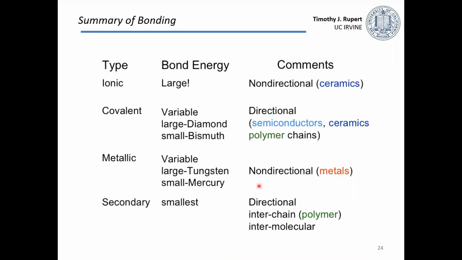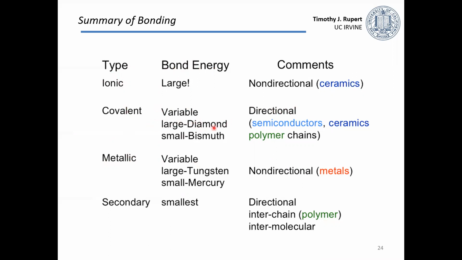So just a quick summary of bonding. We mainly talked about these three major types: ionic bonding, covalent bonding, and metallic bonding. And they change in some very different ways. So ionic bonds are non-directional, have a very large bond energy. Covalent are directional, and that bond energy can be variable.